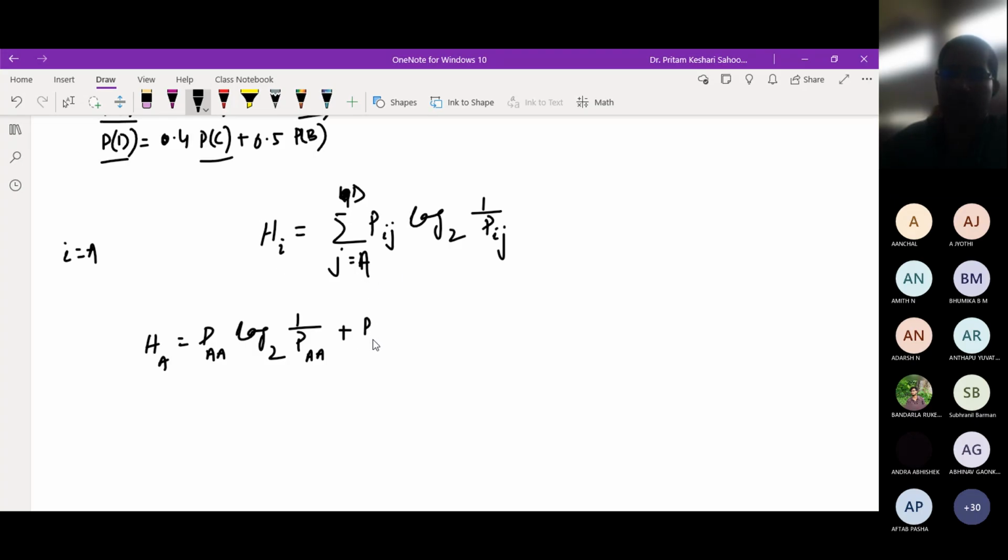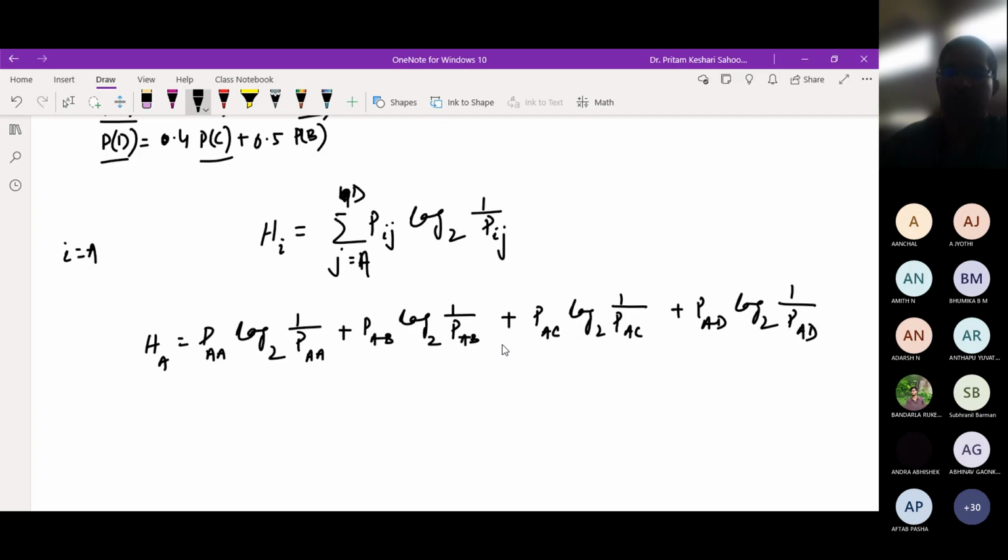So probability of AB into log base 2 of 1 by probability of AB, plus probability of AC into log base 2 of 1 by probability of AC, plus probability of AD into log base 2 of 1 by probability of AD. So this is what you will get.